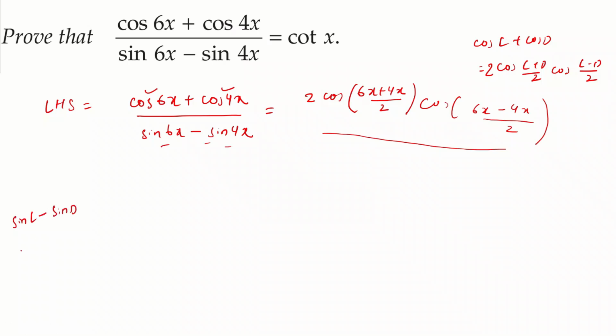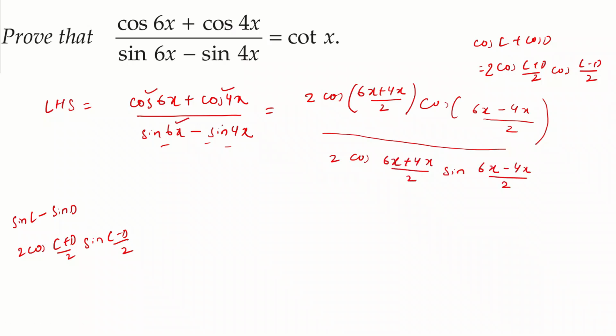So sin c minus sin d is 2 cos (c plus d)/2 sin (c minus d)/2. Okay, so we just have to consider this as c, this as d, that's it.